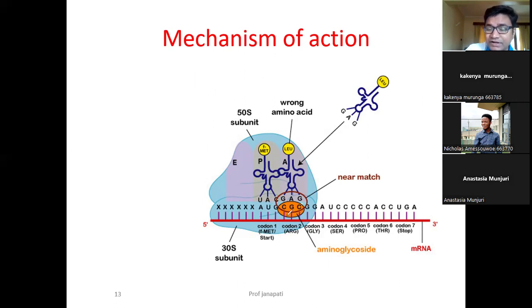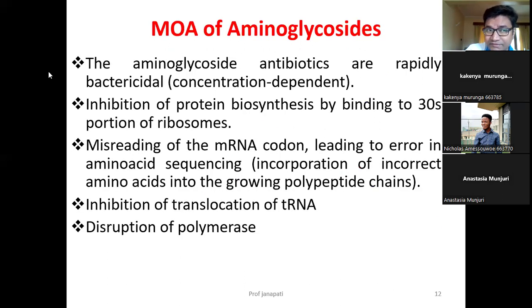Now this drug will come and alter this codon, so tRNA cannot bring the correct amino acid. That's why we call it the drug which causes misreading of mRNA codon, leading to error in amino acid sequence. That is the most important and accepted mechanism of action.